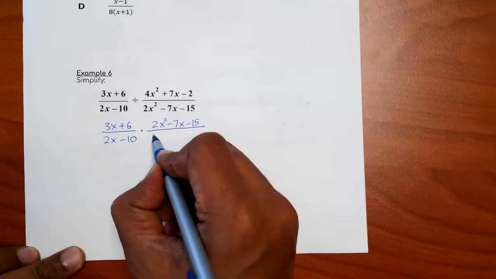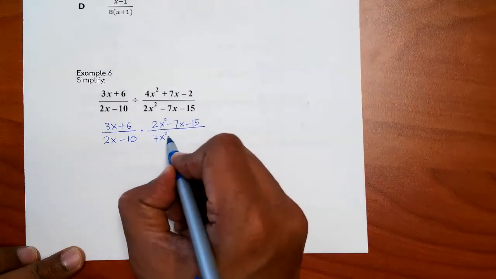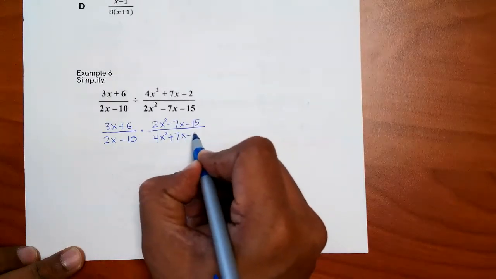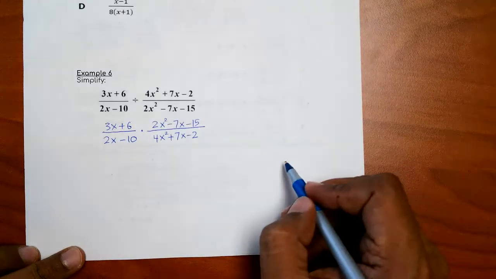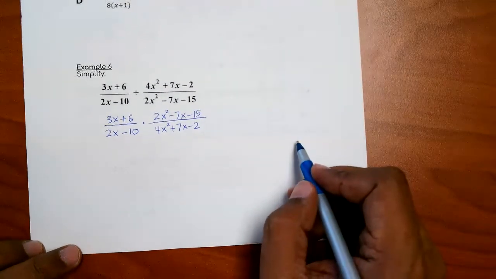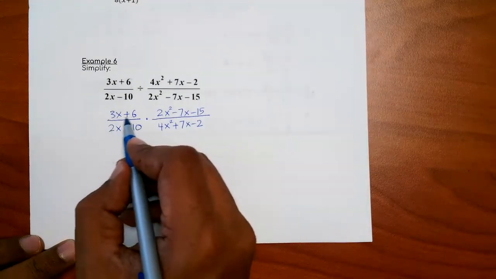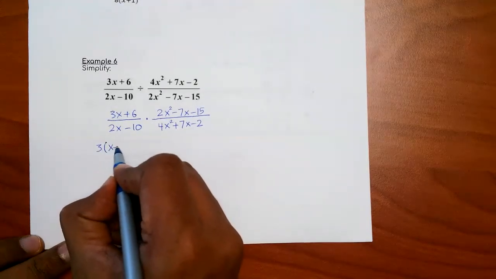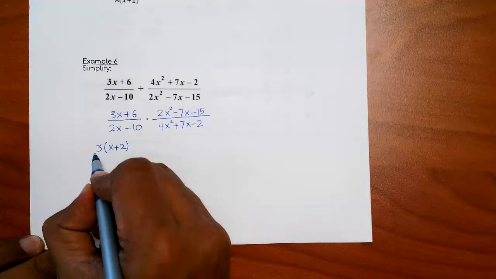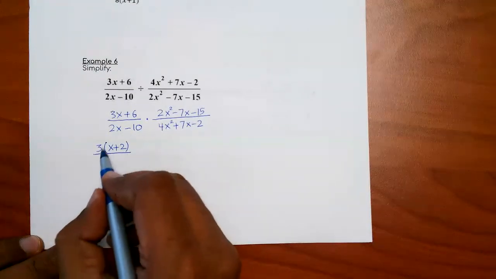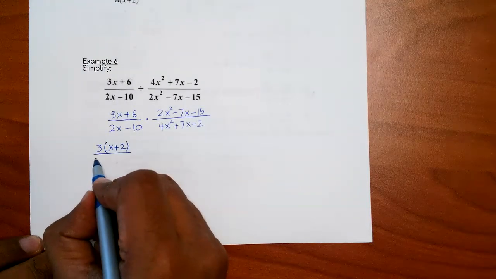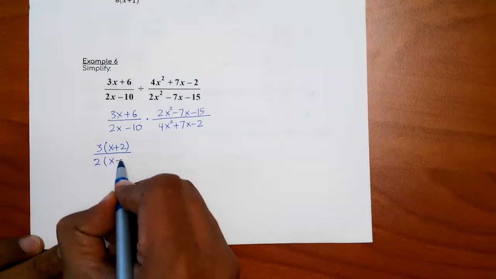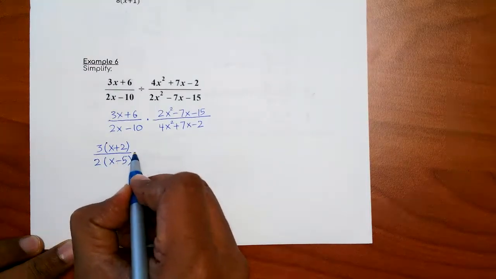And I will have 4x squared plus 7x minus 2 here. Now, when we want to simplify it, in these two terms, I have 3 common. So 3 comes out. X plus 2 is what we have inside parentheses. In these two terms, we have 2 common. So we will have 2 times x minus 5.